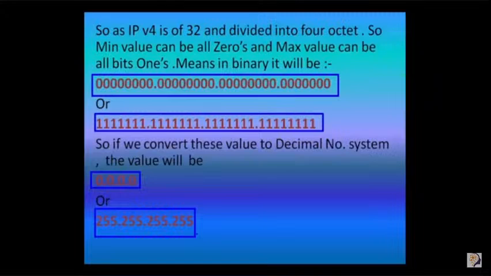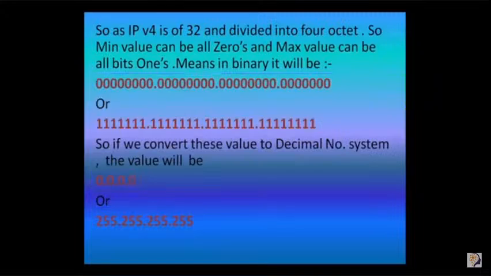When we convert it into the decimal number system, it becomes 0.0.0.0 to 255.255.255.255. It is the basic structure of IP. So please, if you still have any doubt in decimal to binary and binary to decimal conversion, go and watch the video again and practice it.